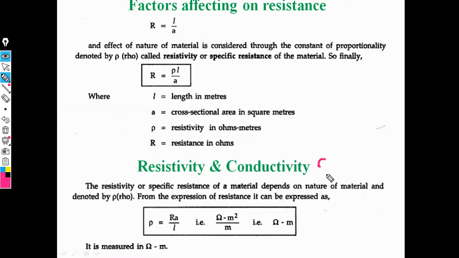The symbol of conductivity is sigma. Sigma is equal to 1 upon rho. That is, conductivity is inversely proportional to the resistivity, and the resistivity symbol is rho. This is the relationship between resistivity and conductivity. Now this is the important factor.